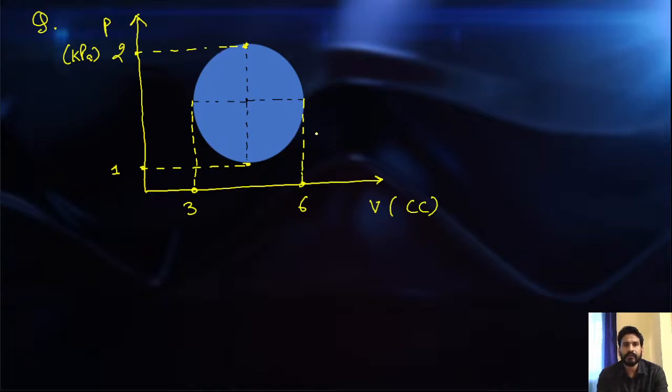Is it clear to you? And the process is like this. You can see the direction of the process. So the process is clockwise. Okay, please tell me, what will be the work done? You have to calculate the work done by the gas.